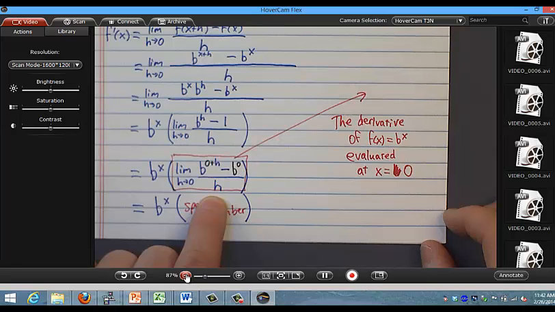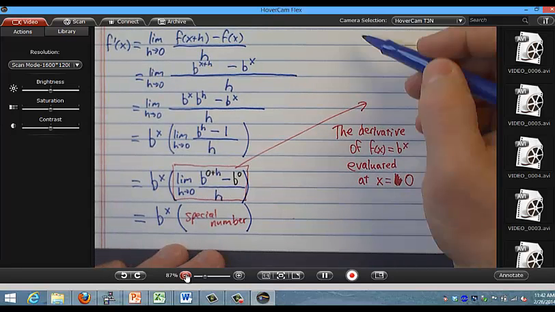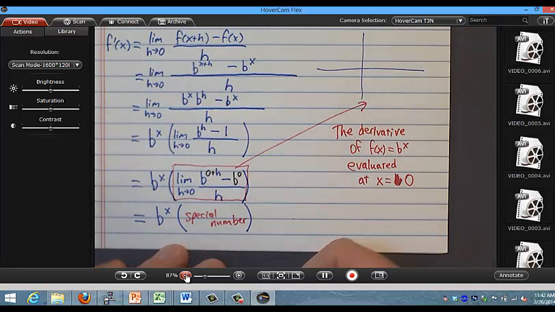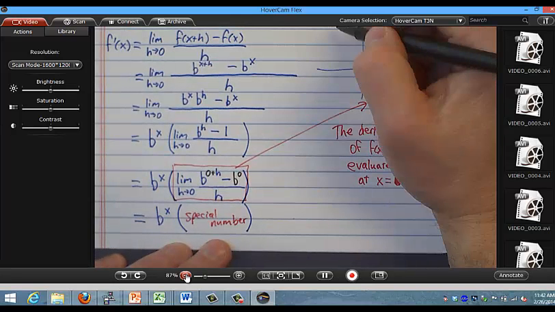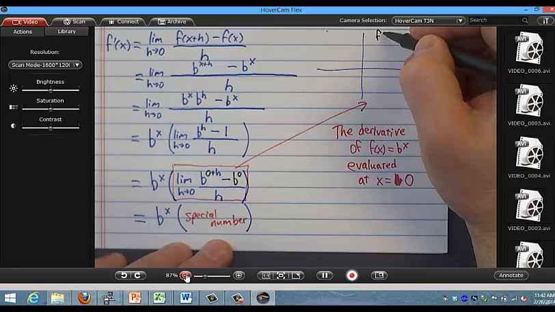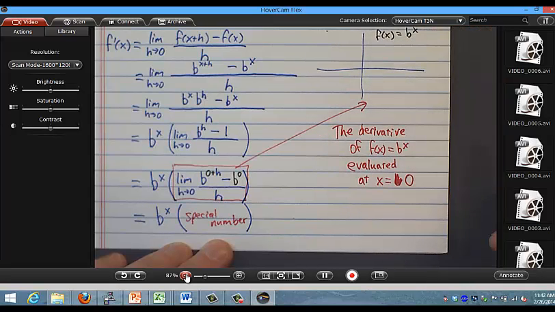Okay? So let me explain one more time using a picture. This may help. All right, guys, we're going to draw a graph like this. I'm about to graph f of x equals b to the x. And so the only thing I know for sure is that it goes through what? 0, 1.